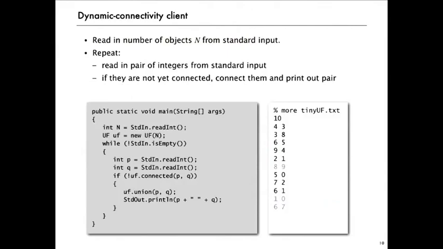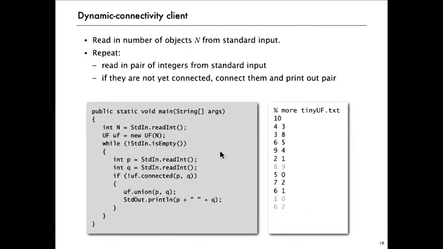One of the practices that we'll follow often in this course is to check our API design before getting too far into dealing with the problem, by building a client that is going to use the data type that we develop. So for this example, we've got a client that will read information from standard input. First, an integer, which is the number of objects that are going to be processed, and then a series of pairs of object names.